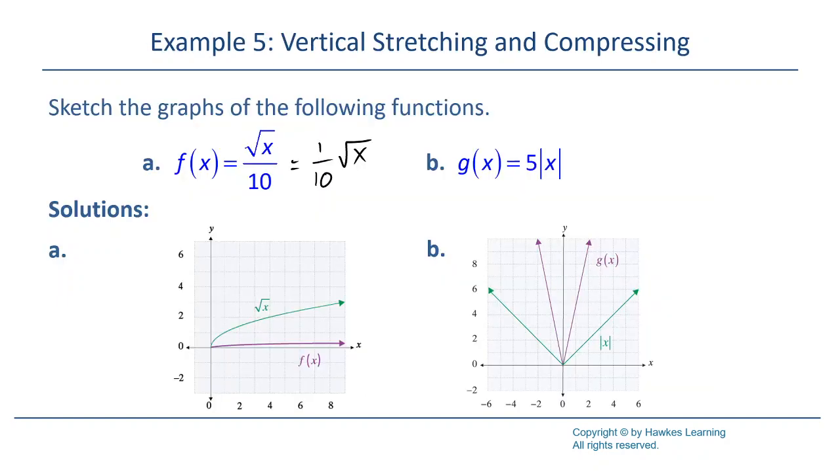So if we were to just have a comparison, what if you had 1/2 the absolute value of x? Well, then that means at 1, you're at 1/2. At 2, you're at 1. At 4, you're at 2.